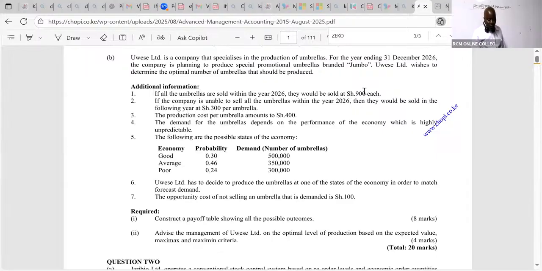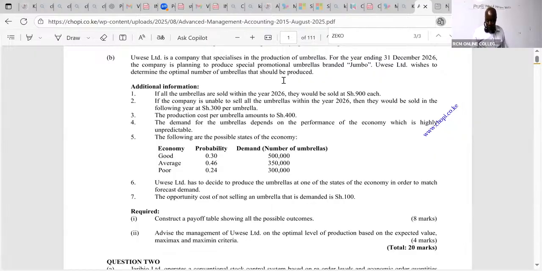So we are told HL Limited is a company that specializes in the production of umbrellas for the year ended 31st December 2026. The company is planning to produce special promotional umbrellas branded Jumbo. HL Limited wishes to determine the optimal number of umbrellas that should be produced.